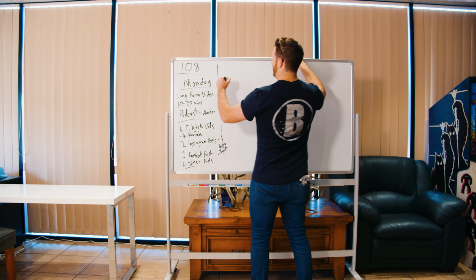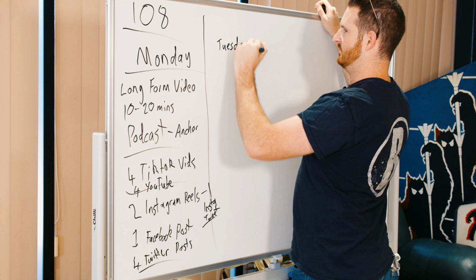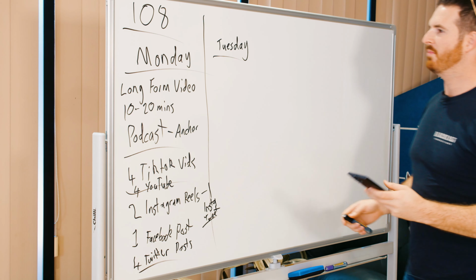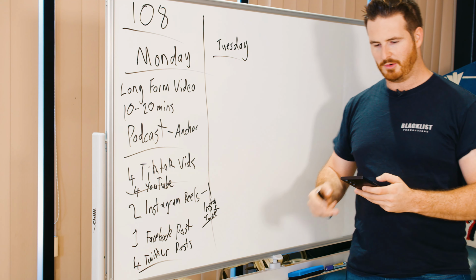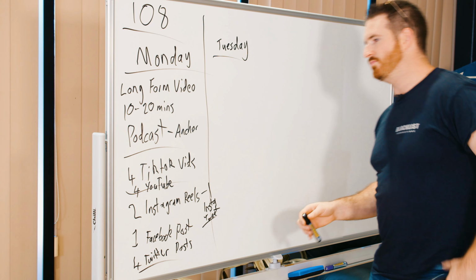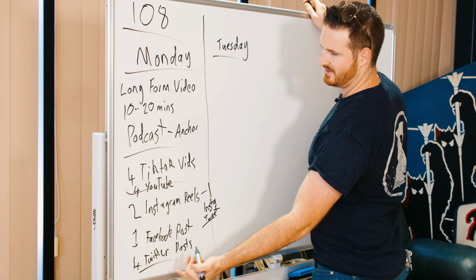Now, we go to Tuesday. We're going to do much the same as what we did on Monday. We're not going to be making a long form video because we've already got this long form video, but we're going to put out the same amount of content as what we did yesterday.